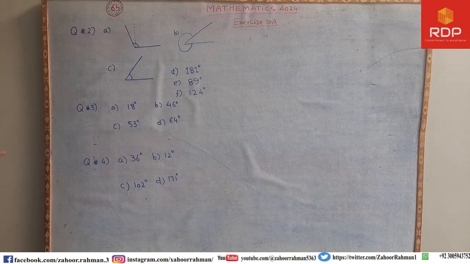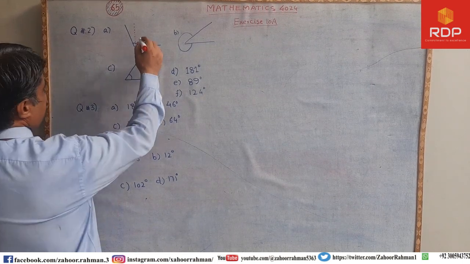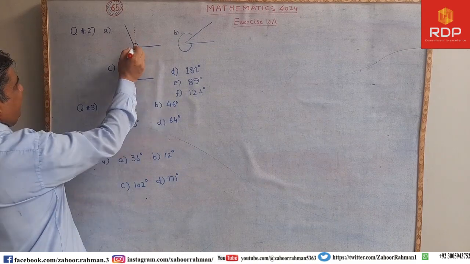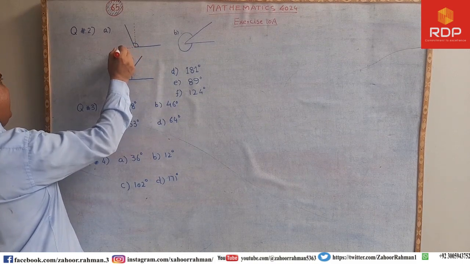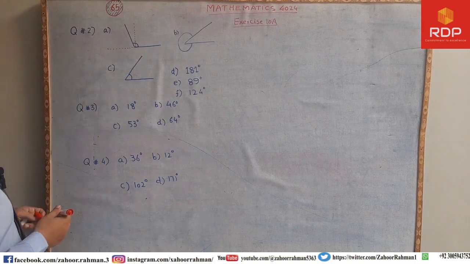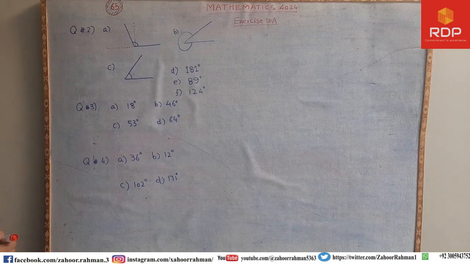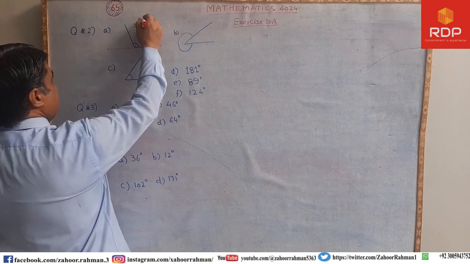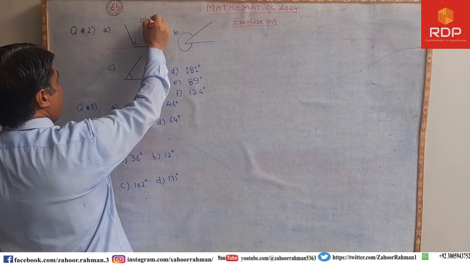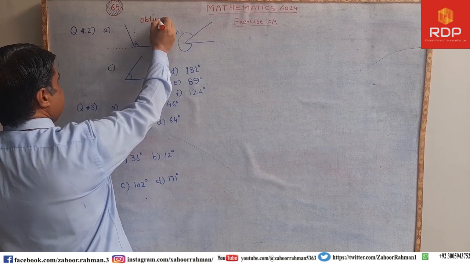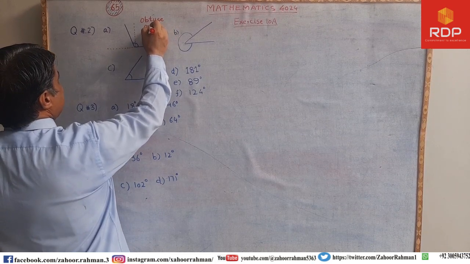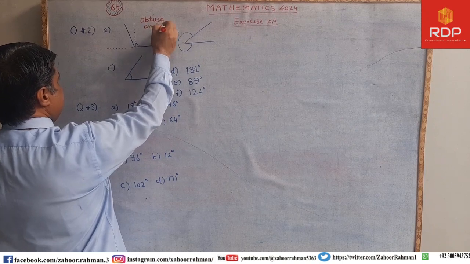But because this is greater than 90 and less than 180, it means that this is an obtuse angle.